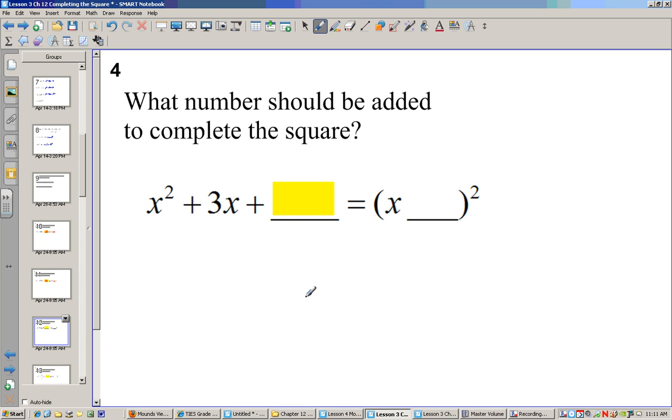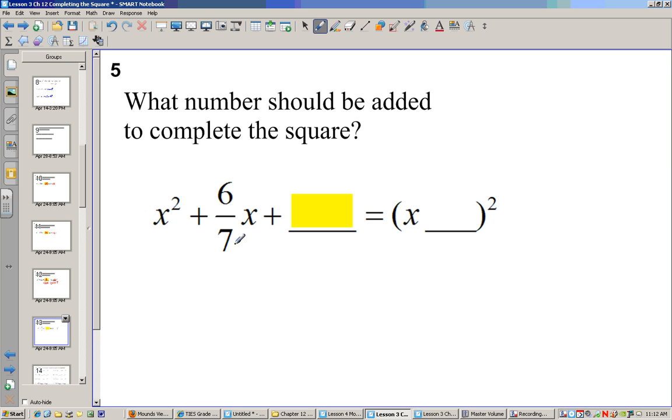This one gets a little tougher. This is 3 halves. If we square that, it would just be 9 fourths. It's a little trickier when we're using decimals. If I would have said this is 1.5, then you have to think about what 1.5 times 1.5 is. It's a little bit easier with fractions in this case. 1.5 times 1.5 is 2.25, but it's a little easier with fractions.